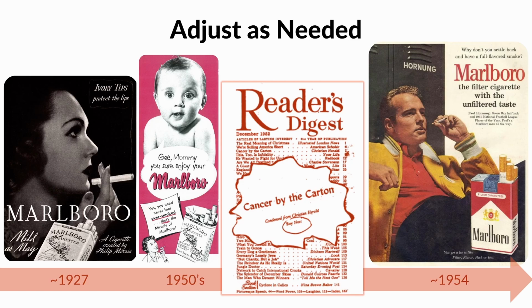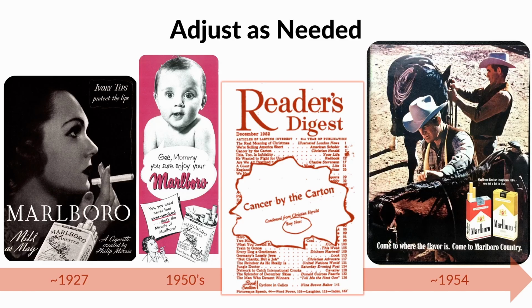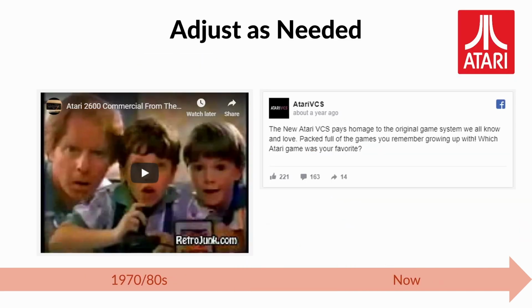Why? Because the women smoked less and less, so they thought, we got to shift the market as well, the target audience, the target market towards men. This is where the Marlboro Man, Marlboro Country was invented, 1954, and so on. I think it died in 1999 overall, these ad campaigns, because of the obvious reasons and health reasons and restrictions on ads for cigarettes. Adjust as needed.